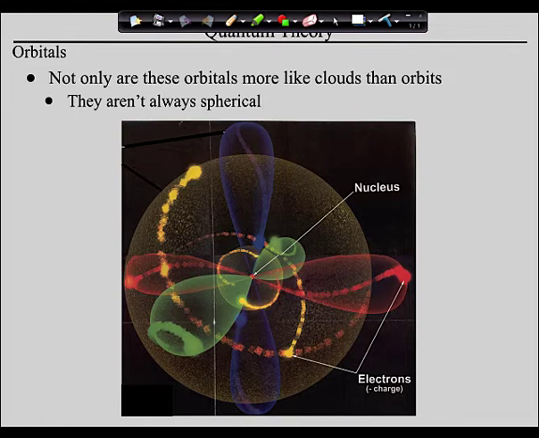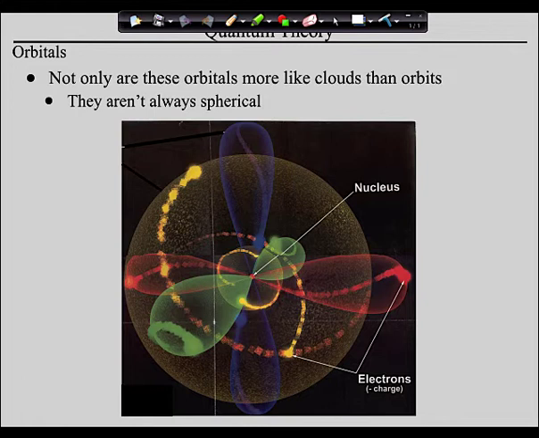There is an orbital right here. It is the smallest of the orbitals, and it's located like the rest of them around the nucleus. Then the second orbital, which is also a sphere, is right here, and it's a little bit bigger than the smaller orbital that's inside it. Then there's another orbital that's right here, and it's not even spherical in shape. It's a figure 8, or we will call it a dumbbell shape, and it looks like this. And then there's another one right here, and then there's another one right here.